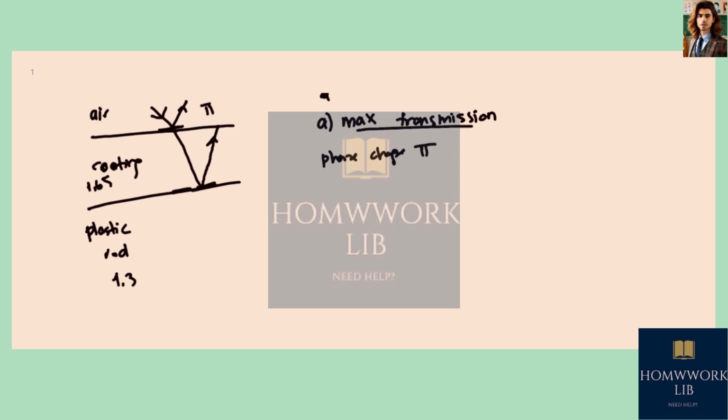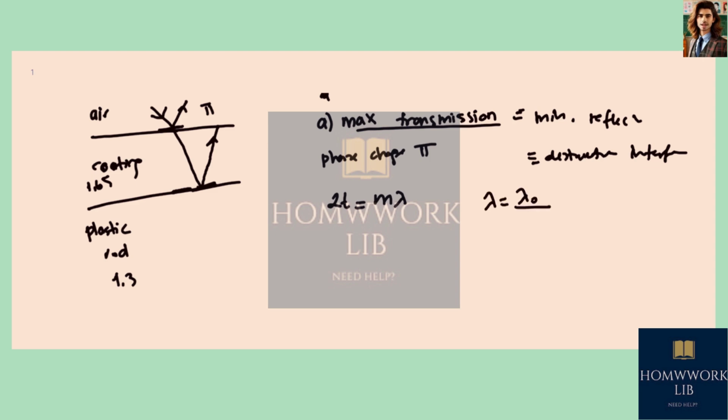And we're looking for the maximum transmission, which means we want to minimize reflection, which means we're talking about destructive interference, right? So if that's the case, then twice the thickness is going to be m times lambda, lambda being the wavelength in air, divided by the index of refraction of the coating, which I'm going to call n_f, the index of refraction of the film.